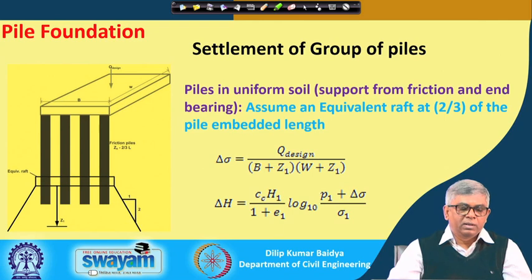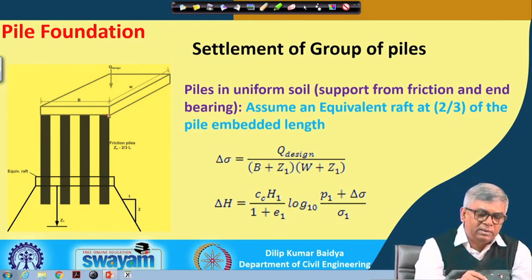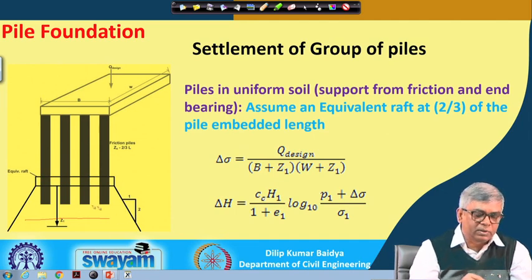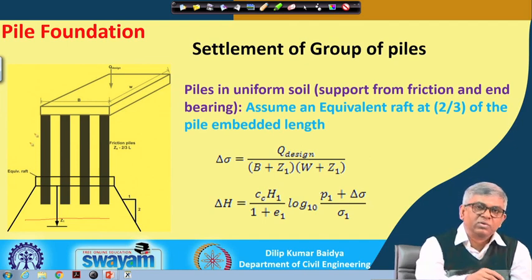Most of the time piles can be in different ways. Pile can be, up to this portion is suppose sand, and there may be somewhere else, I will come to that later on. So let me consider that this is a friction pile, particularly under cohesive soil, and it is uniform throughout.